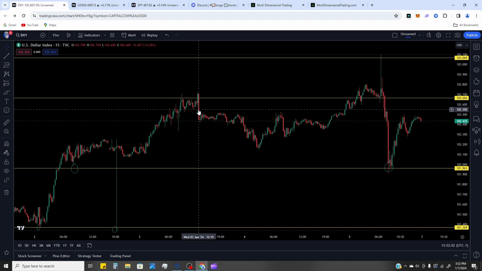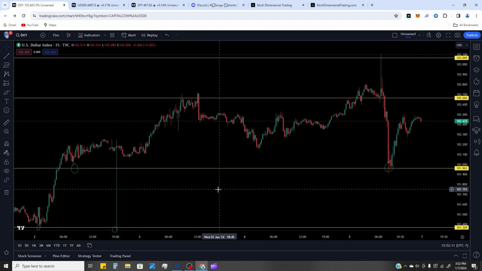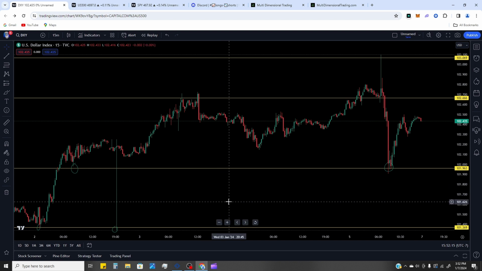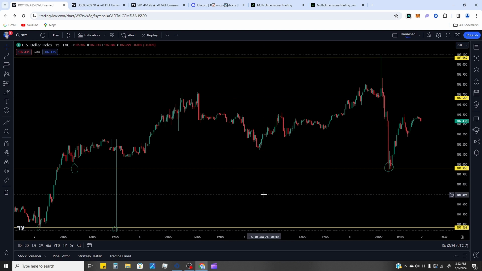Some people use Fibonacci retracements, and I've seen my friend use a fib on his chart. It looks like it works. It looks very accurate. However, I like to use the number signals because they are on point. They are easy to read. I can apply them to any chart that I want.